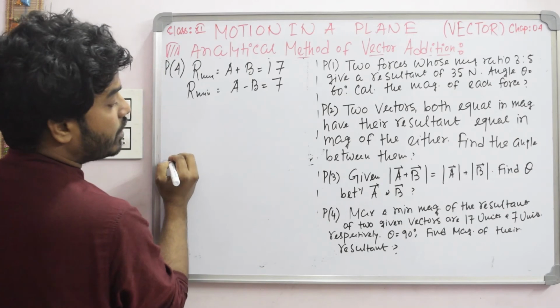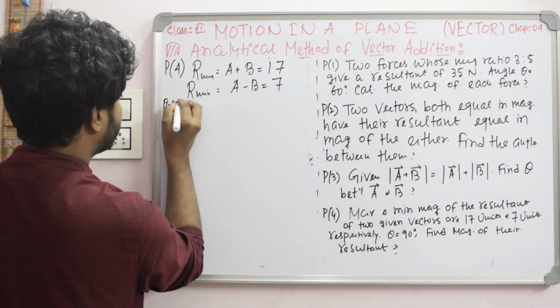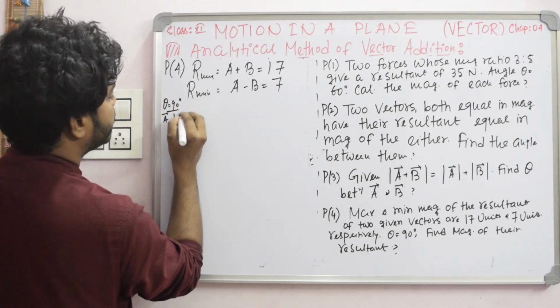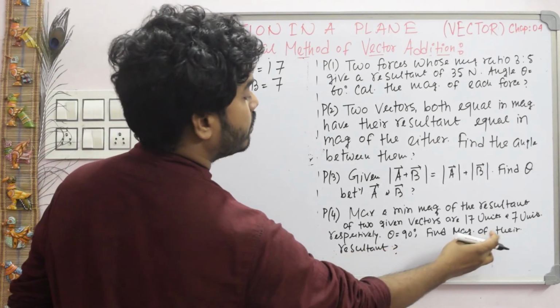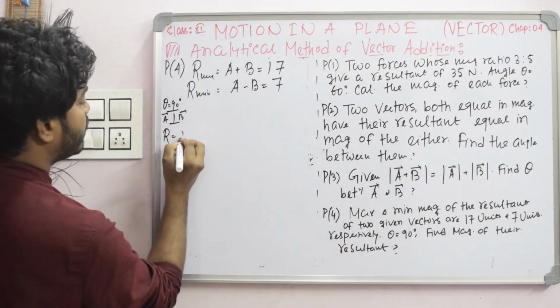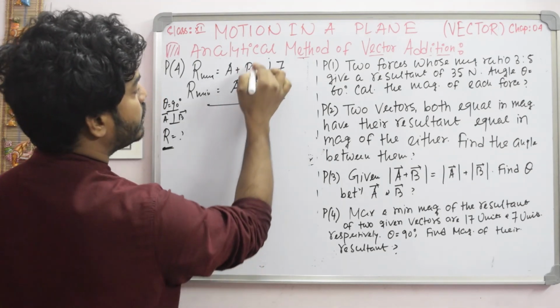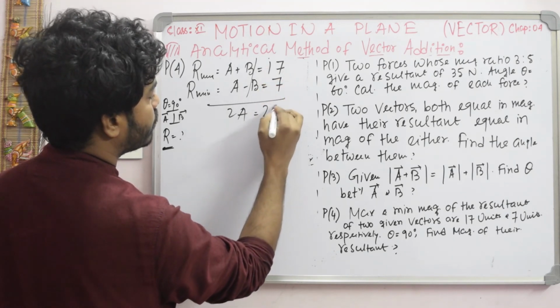Now the question is, theta is given as 90 degrees, that means vector A and vector B are perpendicular to each other. Here you have to find out the magnitude of their resultant, that means you have to find out the value of R. So at first you find out the value of A and B. Simplify it, B and B cancel out, so 2A is equal to 17 plus 7, that is 24.